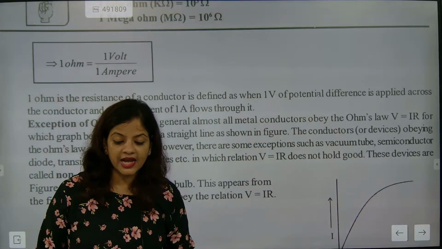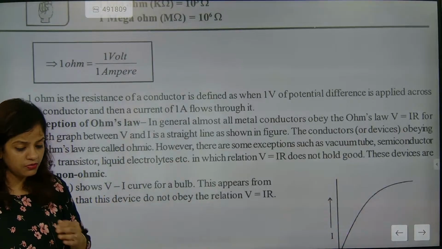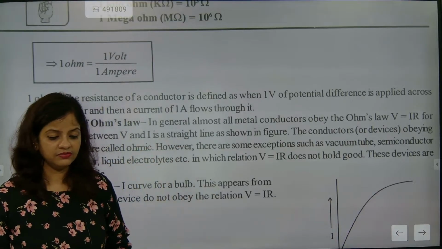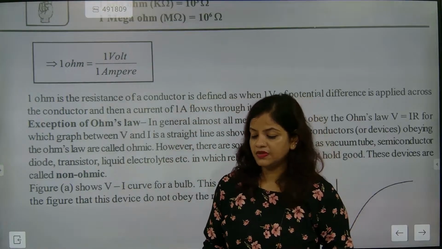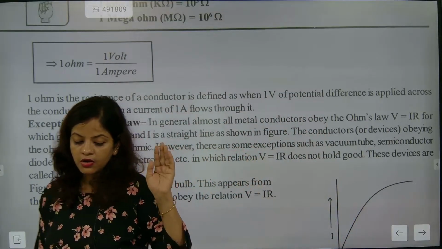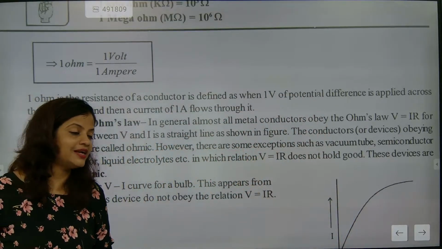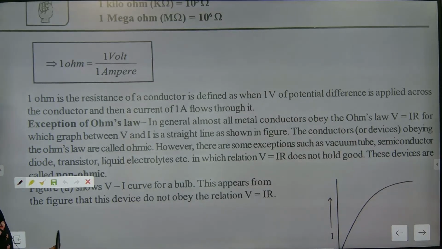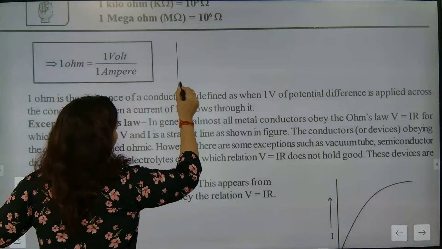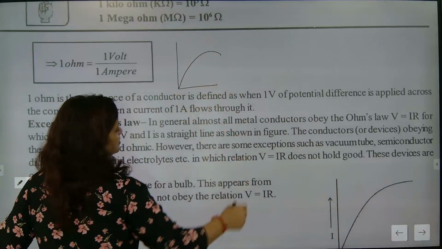So they are non-ohmic devices. And at that time, they will not be following V is equal to IR. The curve can be like this. Understood?